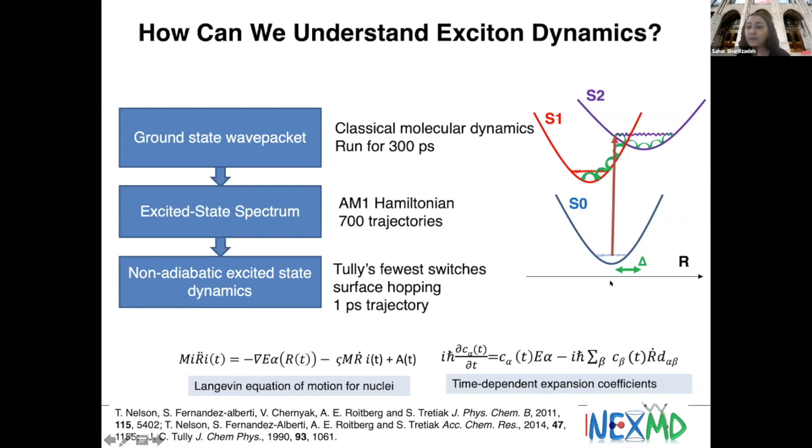But this gives us an idea of, once we excite the system, what the atomic motions are that bring us down to the lowest energy state. Here we use a semi-empirical Hamiltonian to describe the excited state and molecular dynamics to describe the potential energy surfaces.